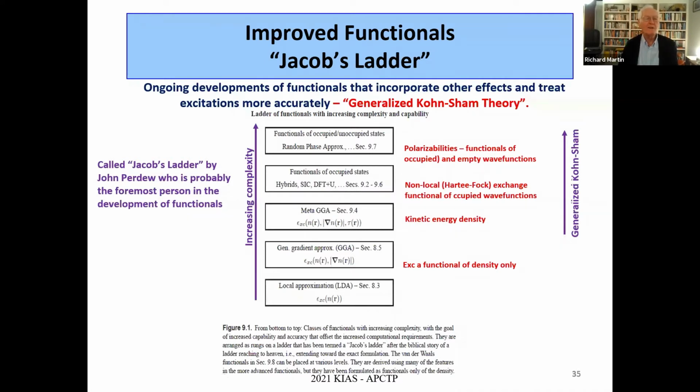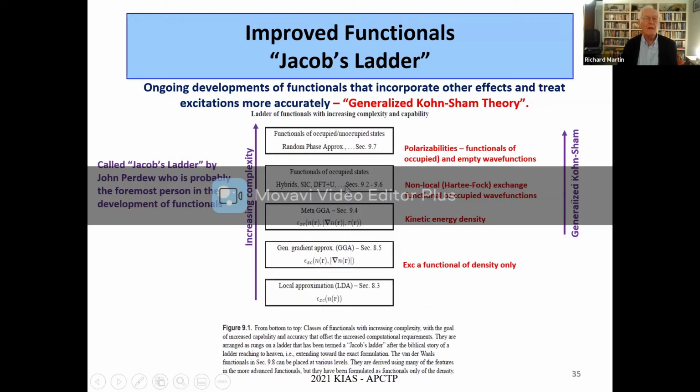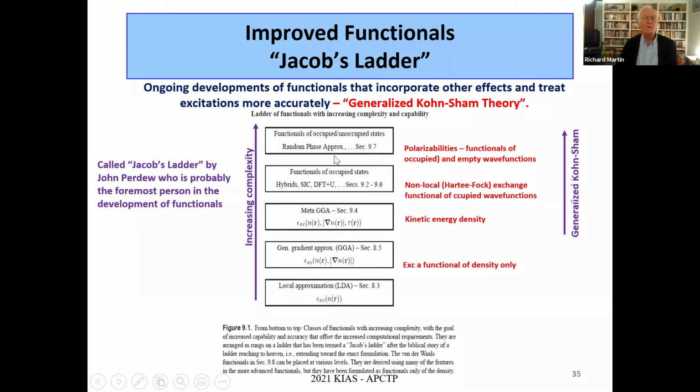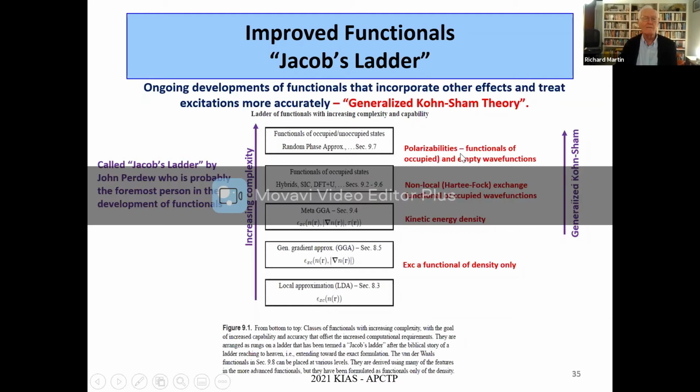So it's something that depends on the particular wave functions of your system, and it incorporates things that are important when you have localized states like in the d and f states. You can go on to functionals that involve the polarizability as well as the wave functions themselves. And you might think this could be important, since the polarizability is the response of electrons, and that's exactly what happens in correlation.